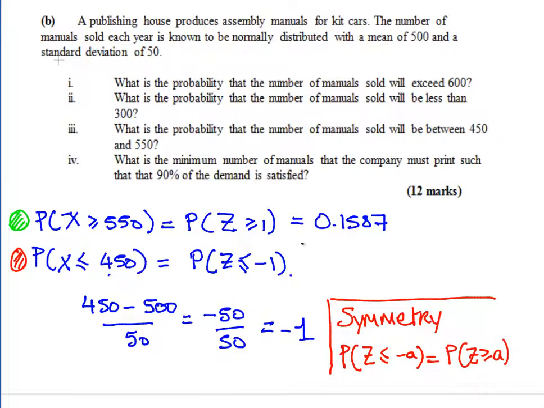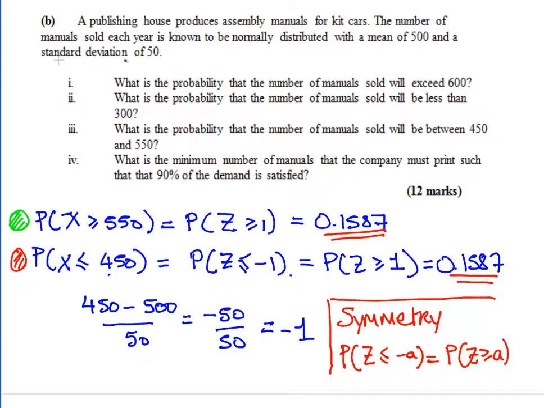So that is equal to the probability of z being greater than plus 1, and we know that one already. That's 0.1587 as well. So we now know both areas.